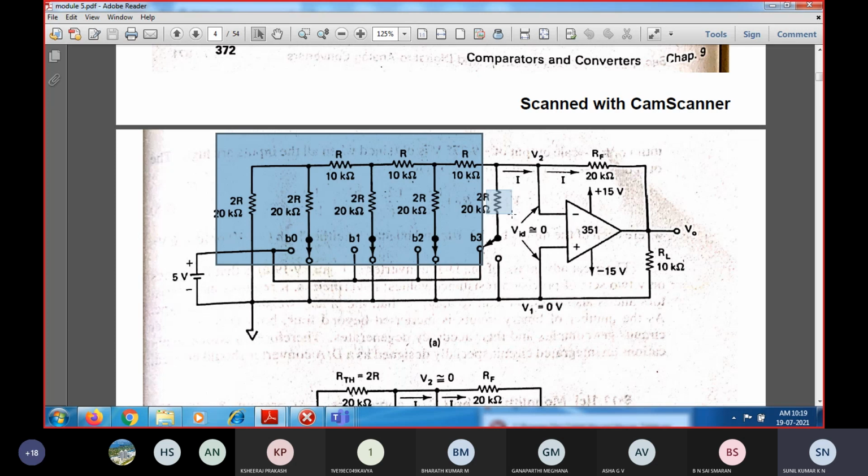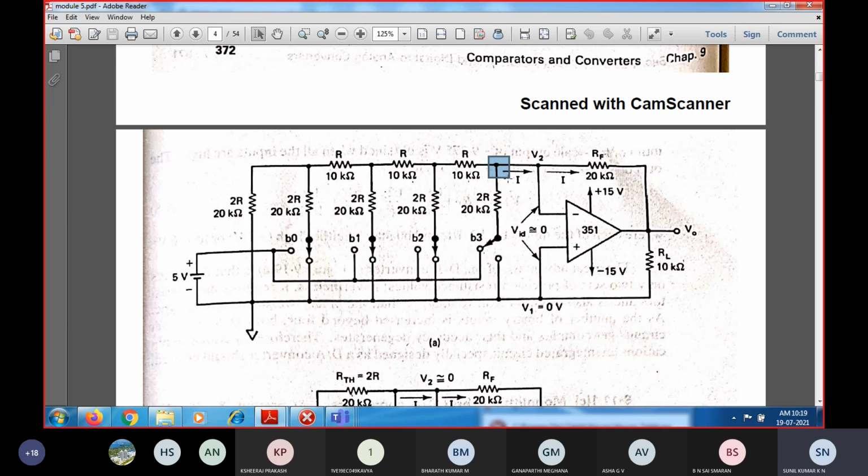And here, since we have a direct connection, we will have the 5 volts drop. Whenever this 5 volts is connected through the resistances 2R and 2R, obviously we get 5 into 2R divided by 2R plus 2R. This gives the voltage at this point.